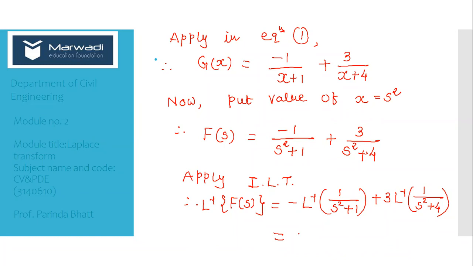Yes, this is minus sin t, as it is, plus 3 into 1 upon s square plus 2 square. Therefore, 1 by 2, therefore 3 by 2 sin 2t. Yes, very good. This is our final answer. Okay, we will see this method.